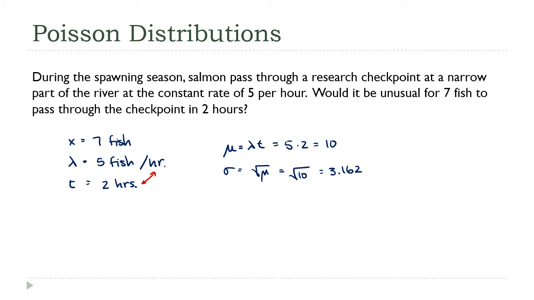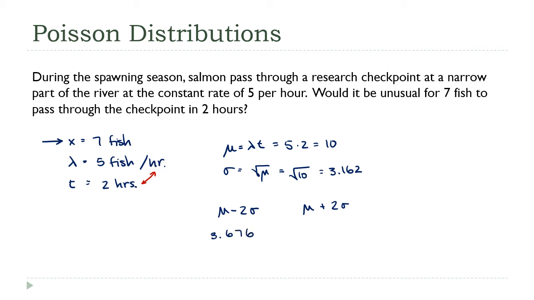So what's my usual range? Remember how we do this? We're going to do the mean plus 2 standard deviations, and down here, the mean minus 2 standard deviations, and see where our x value falls, and see if that's in this interval or not. All right, well, 10 minus 2 times 3.16, that's 3.676.